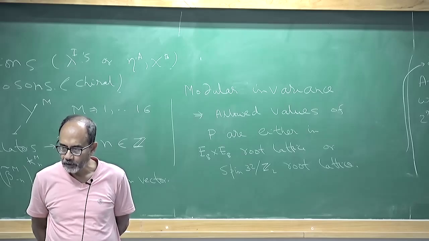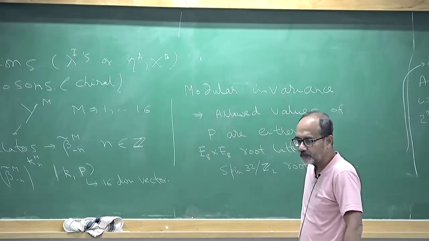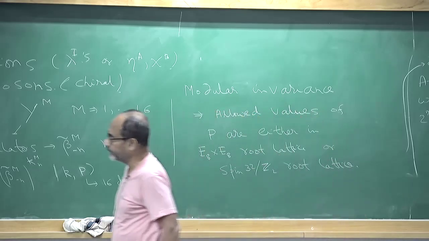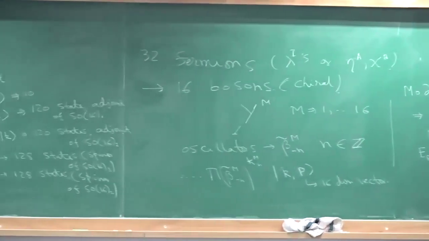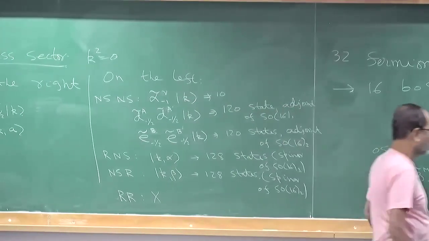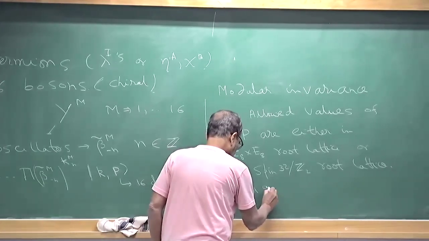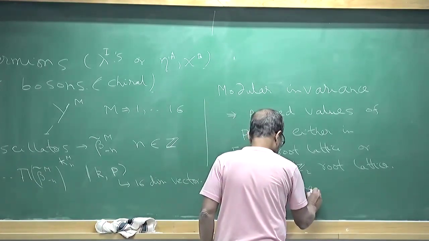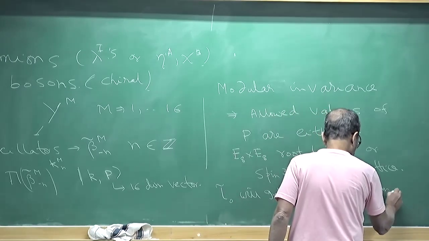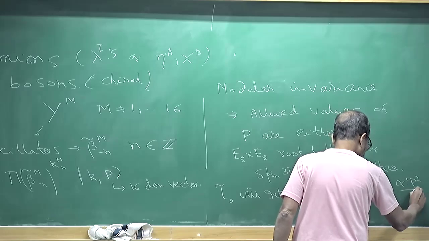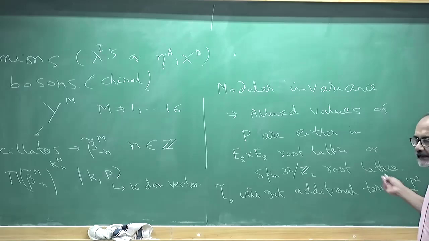So basically, this tells us what kind of P's are allowed, those P's you put in that formula. So L0 tilde will now get an additional term, alpha prime P squared by 4, where P is constrained to be in this lattice.